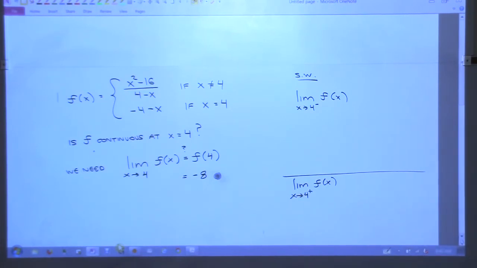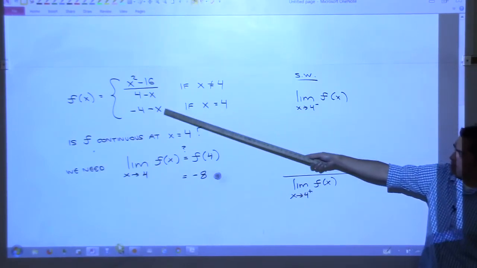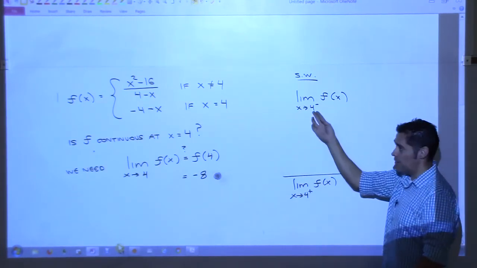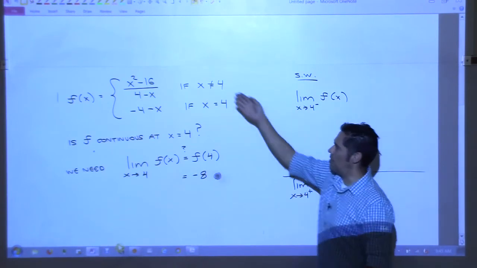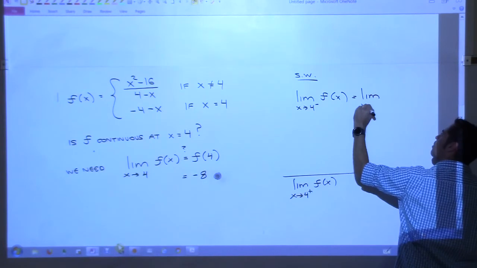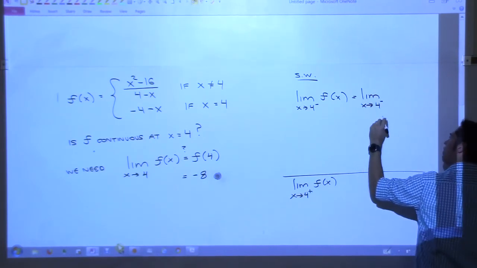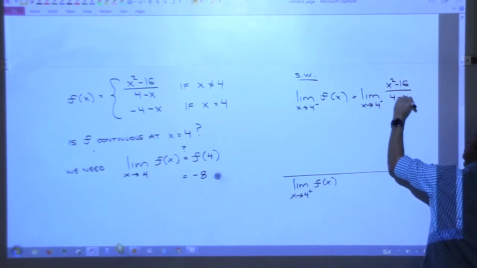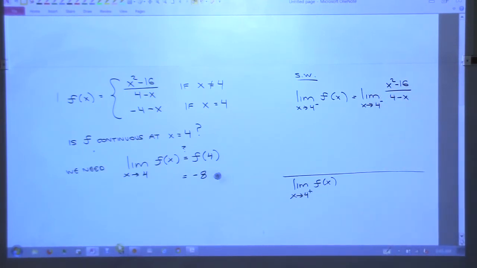So tell me right now, if I am approaching 4 from the left, which part of the function am I on? The top one or the bottom one? Top one, because I'm less than 4, which means I'm not 4, right? So this is really the limit as x approaches 4 from the left of x squared minus 16 over 4 minus x. And now try direct substitution.